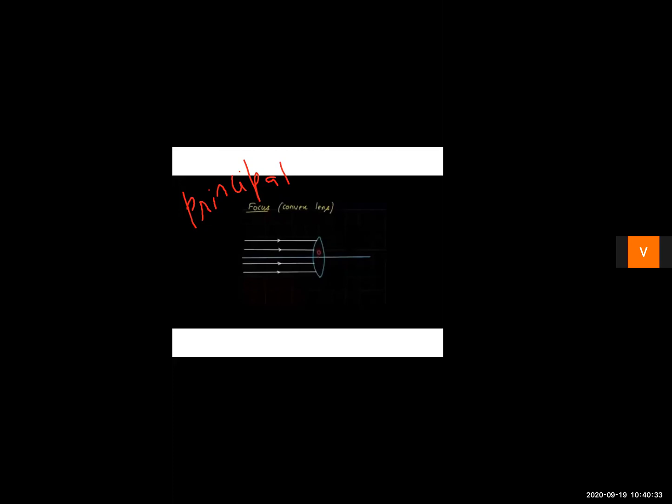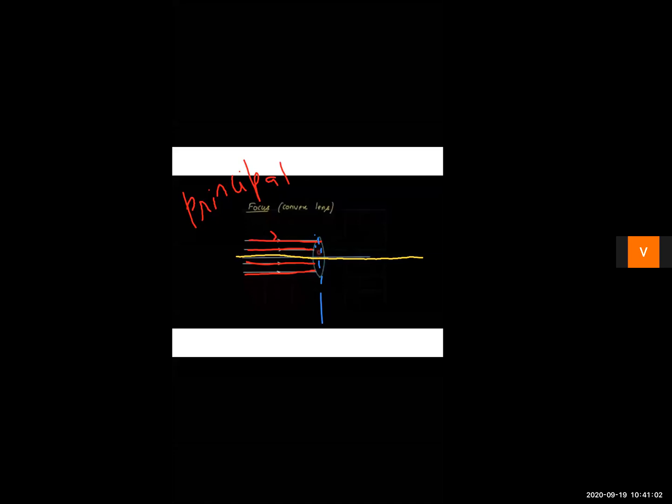So, as you see over here, the incident light rays, these rays, they are parallel to the principal axis. Yes, we can see that they are parallel to the yellow color principal axis. Now what will happen? When they are going to enter the lens, the refraction is going to take place. Due to the refraction of light, all the rays are going to converge at a point.